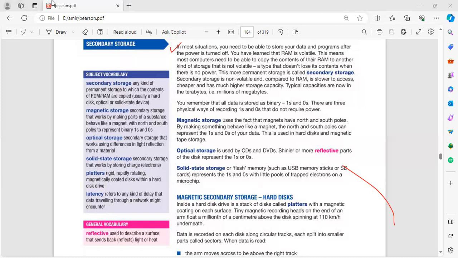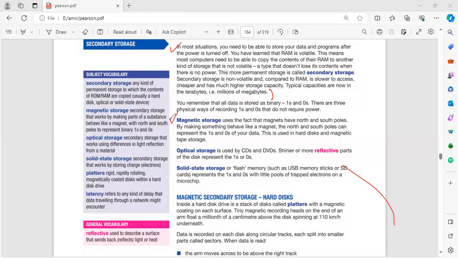Yes, sir. So, can you explain briefly how much you have read? What is the ending point?